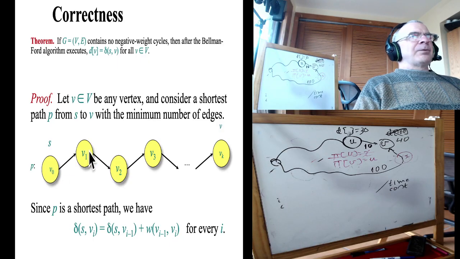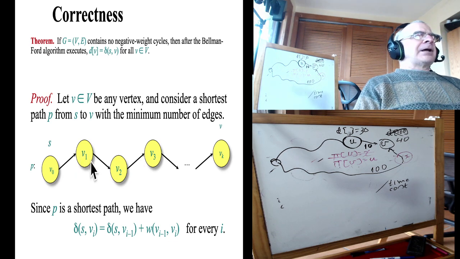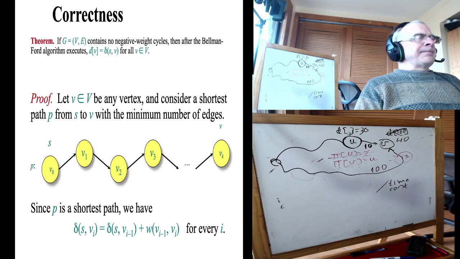So D of V1 is the length of the shortest path. It might be that V2 also knows the shortest path to it, or V3, but I don't know about the rest. But I'm absolutely sure that since I'm accessing this edge once, D of V1 knows the distance to it.